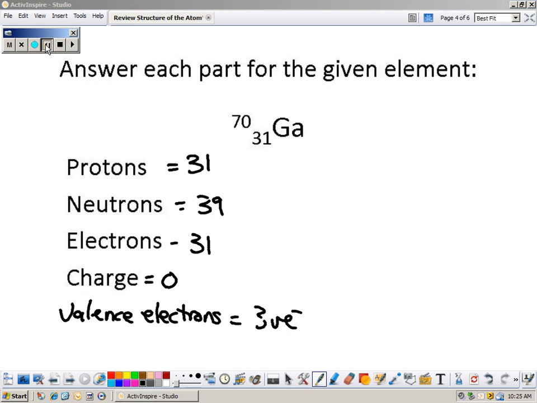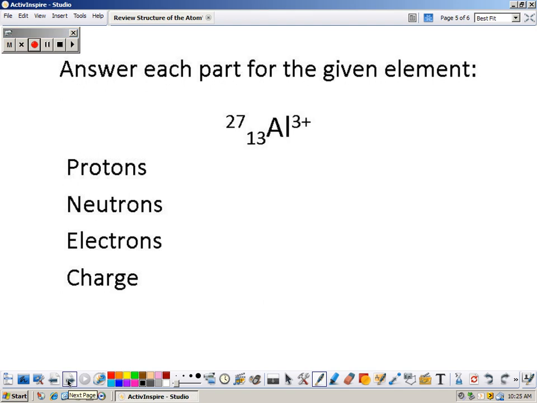Let's try our next example. Now we have an ion here, aluminum. Let me put in the valence electrons. How many protons? 13. How many electrons? 10. Yes, 10, that's right.